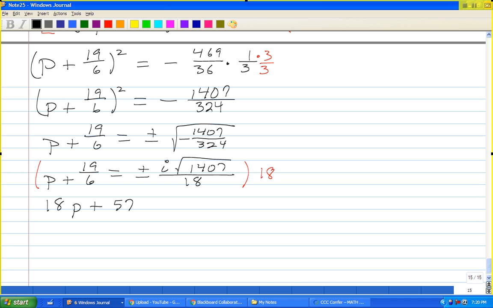And so 18 divided by 6 is 3. 19 times 3 is 57. The 18s cancel. Subtract 57 from both sides of my equation.